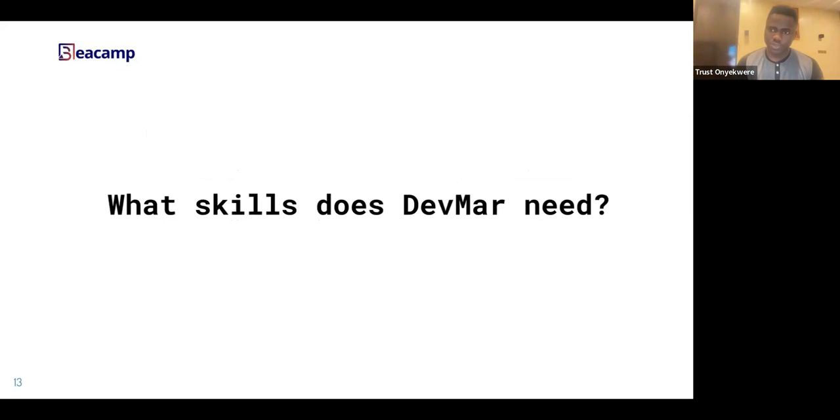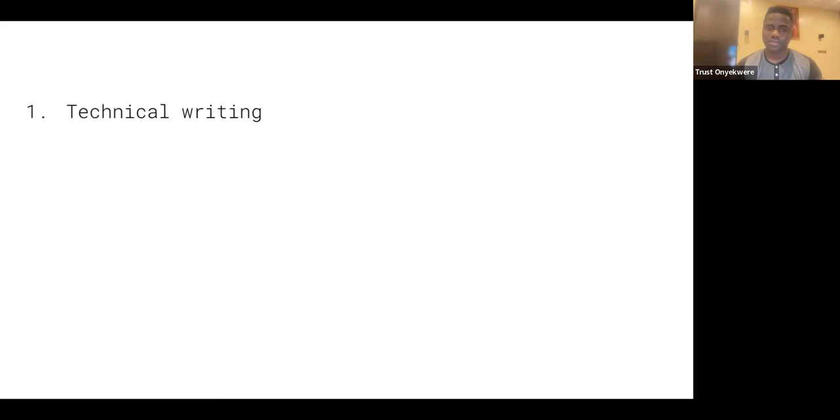So what skills does a developer marketing manager need? What skills does DevMar need? The first, you need to know how to write. Technical writing. Developers love to solve problems on their own. So they go to Medium, decide they have a bug, they go to Stack Overflow, they go to Medium, they go to Hashnode, they go to anywhere at all they can find answers to that question.